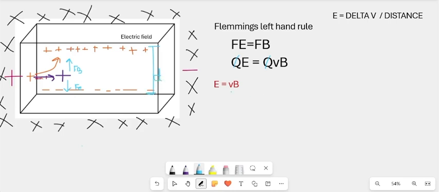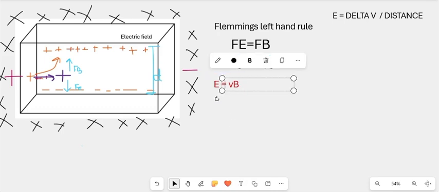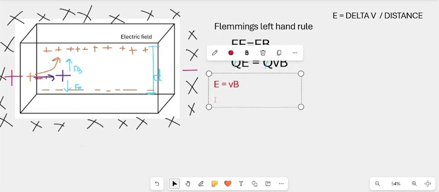So I can simply replace E with delta V divided by the distance, and that equals VB.